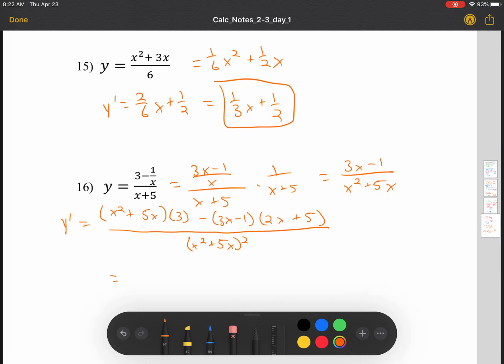From here, there isn't much simplifying we can do. We can cancel some stuff out, but you're going to get your final result: negative 3x squared plus 2x plus 5 all over x squared plus 5x squared.